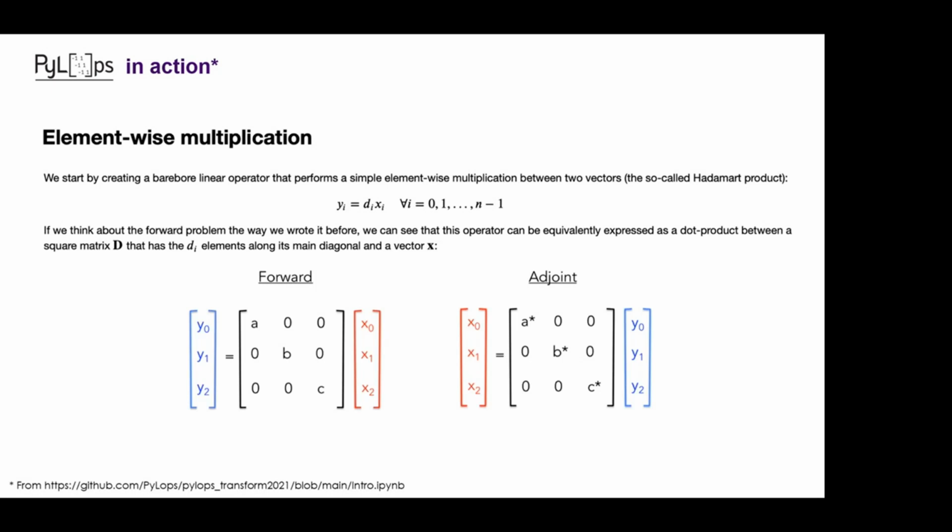Imagine you have 2 vectors and you want to multiply element by element. If you have done linear algebra, you probably know that the equivalent operation is to build a diagonal matrix where the elements of the main diagonal are the coefficients of one of the 2 vectors. Then when you multiply a matrix of this kind by a vector, it is equivalent to element-wise multiplication.